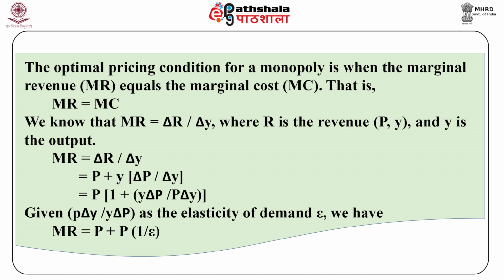Now, MR is equal to ΔR/ΔY, that is equal to P + Y × ΔP/ΔY, which is equal to P × (1 + (Y/P) × ΔP/ΔY). Given that (P/Y) × ΔY/ΔP is the elasticity of demand σ, we have MR equal to P + P × (1/σ).